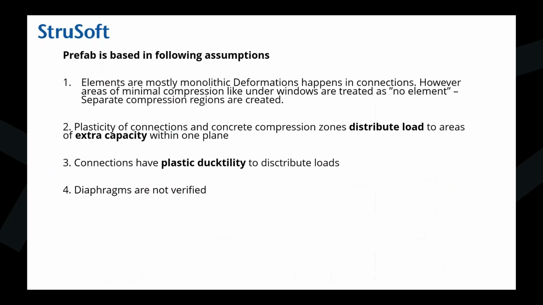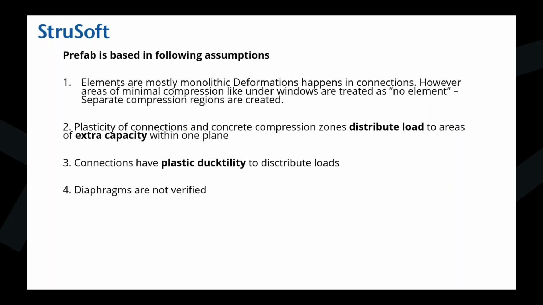And Prefab is mostly based on the following assumptions. Elements are mostly monolithic, so the deformation happens in connections. And we also have what it does automatically: if there's a window or door, it automatically removes the compression under those windows if it's minimal.